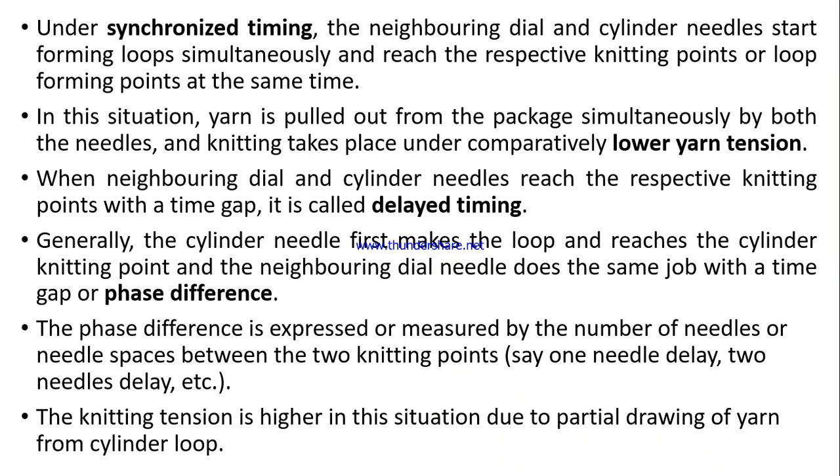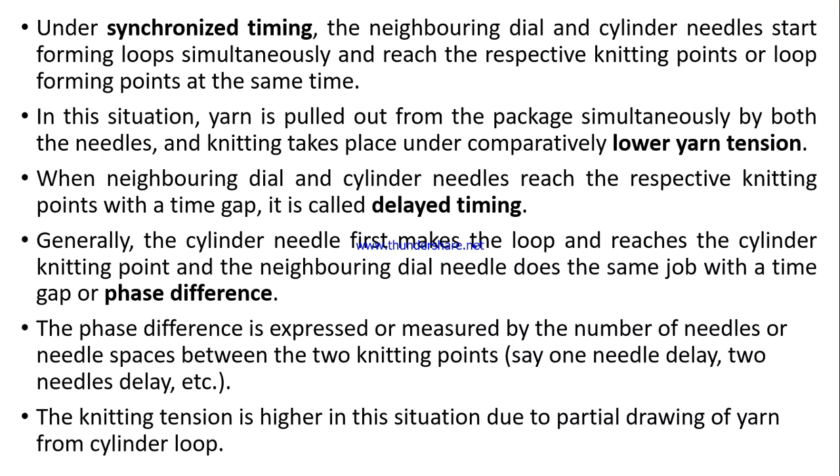When neighboring dial and cylinder needles reach the respective knitting points with a time gap, it is called delayed timing. That means when the needles of the dial complete the knitting, then the cylinder needles start knitting.